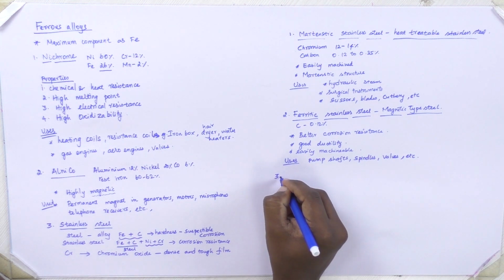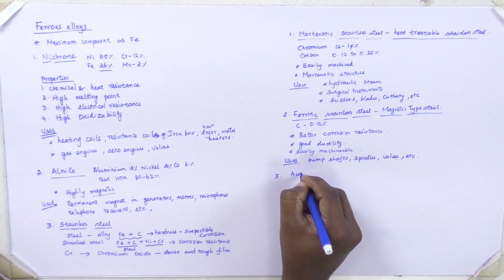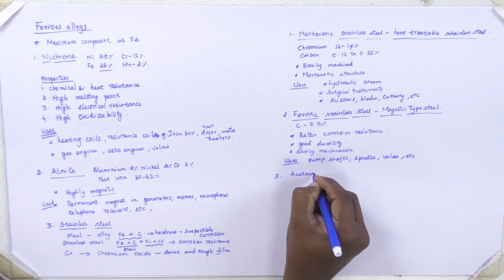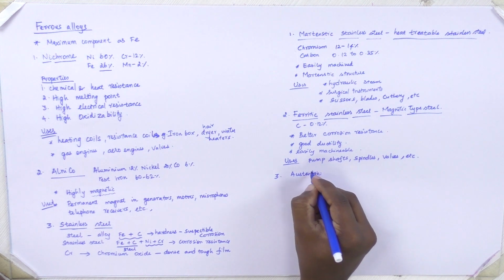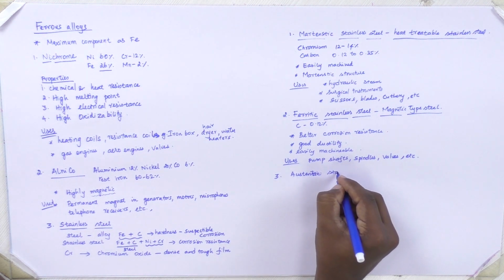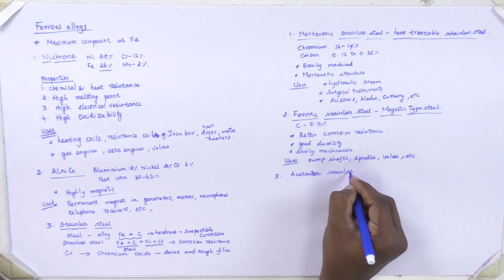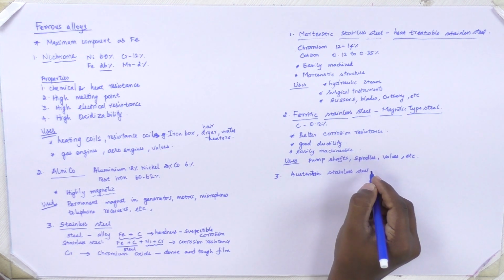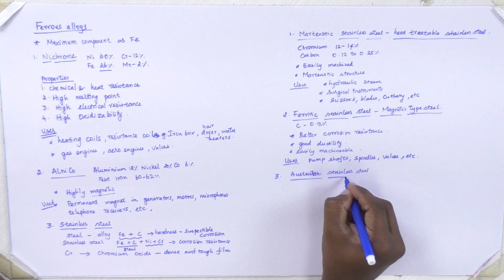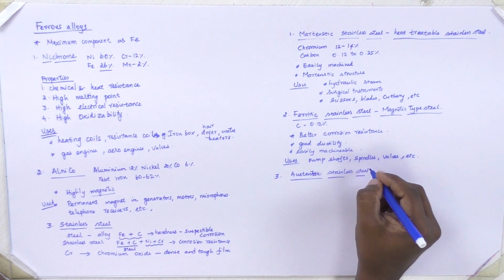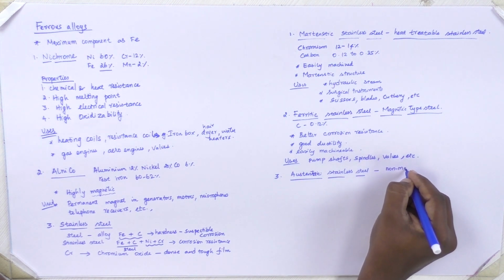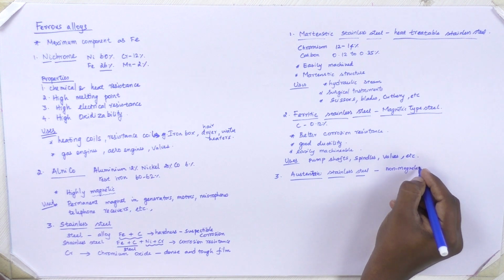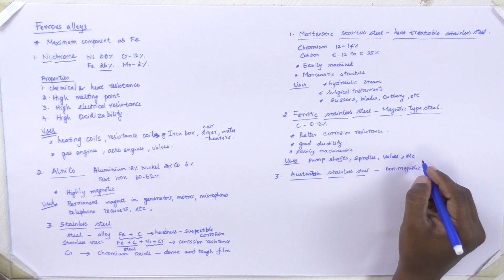The third type is austenitic stainless steel. This is the third type of stainless steel, and this is also called non-magnetic type.